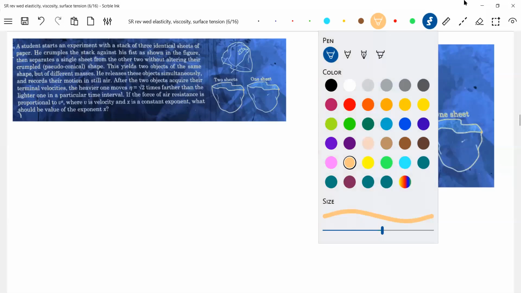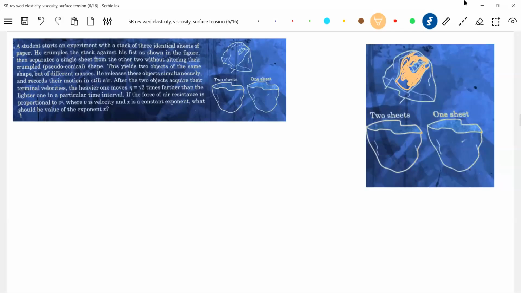I'll draw the diagram. Okay, this is the person's hand. So with his fingers, what happened? He'll be pressing it.